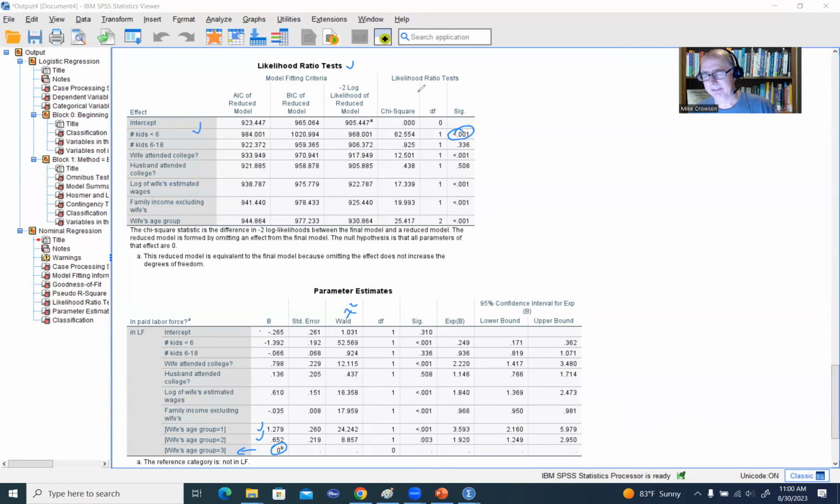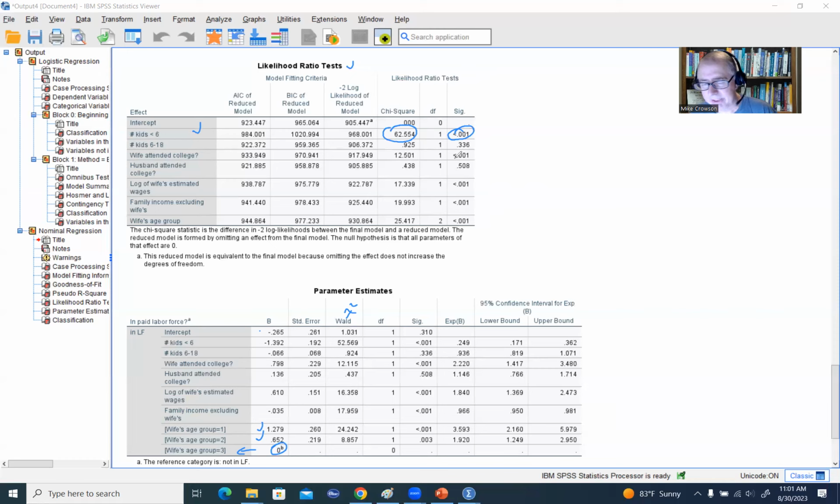The difference in fit between those two models is captured in the chi-square difference value, which is provided right here for this particular predictor. And you can see it's statistically significant. So there's a significant difference in fit. It's actually a significantly worse fit for a model that does not contain the number of kids less than 6 variable than a model that does contain it. So that's how the logic works.